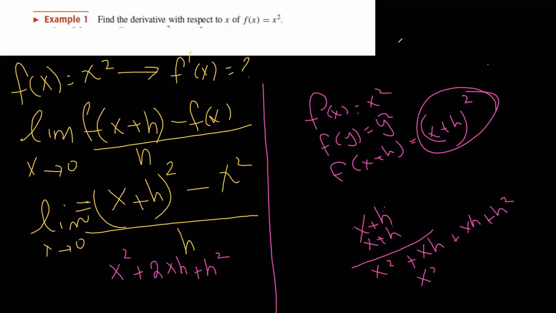After multiplying them, you add them and you have this answer. Is it clear? Yes. Okay. Minus x squared over h.